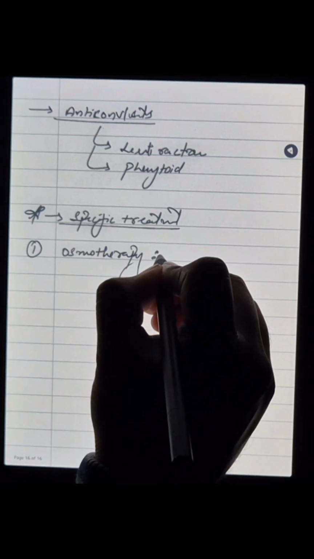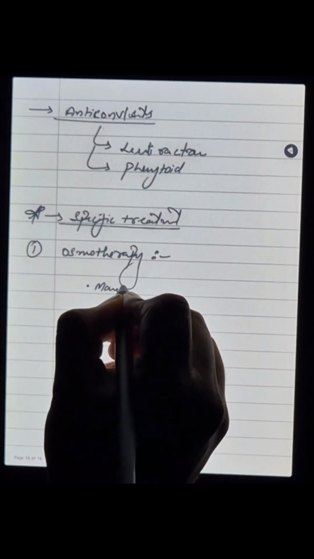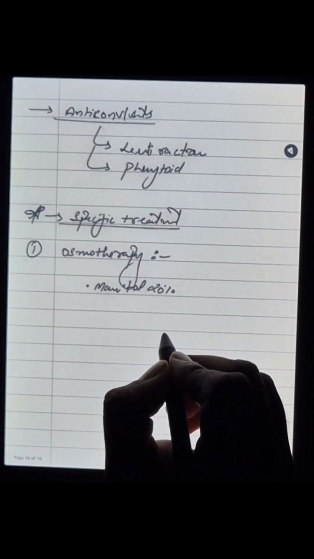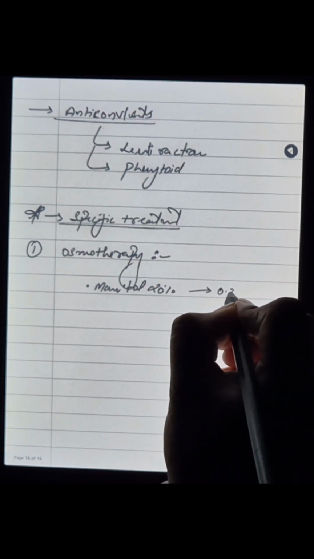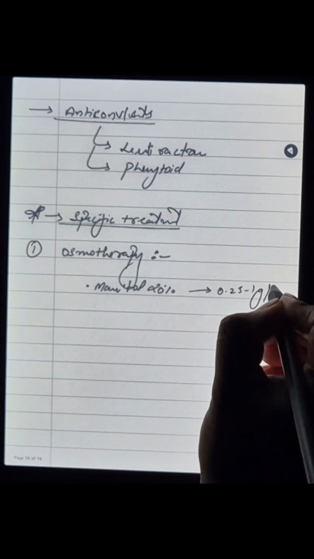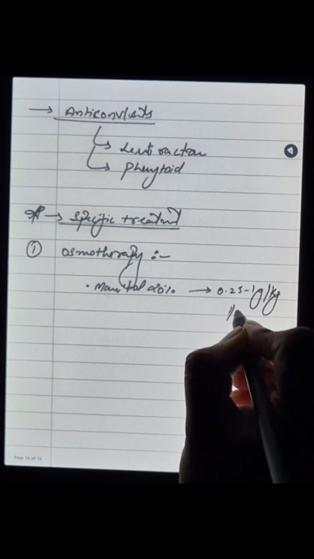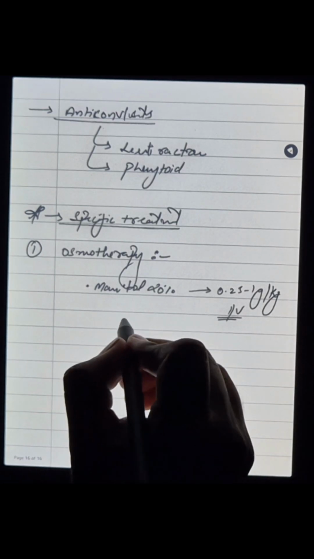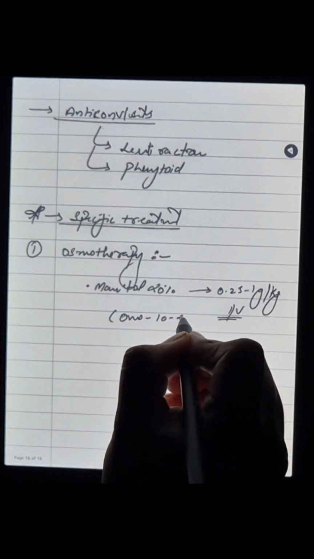Osmotherapy includes mannitol 20%, and it is given at a dose of 0.25 to 1 gram per kg IV, and it should be given over 10 to 20 minutes.